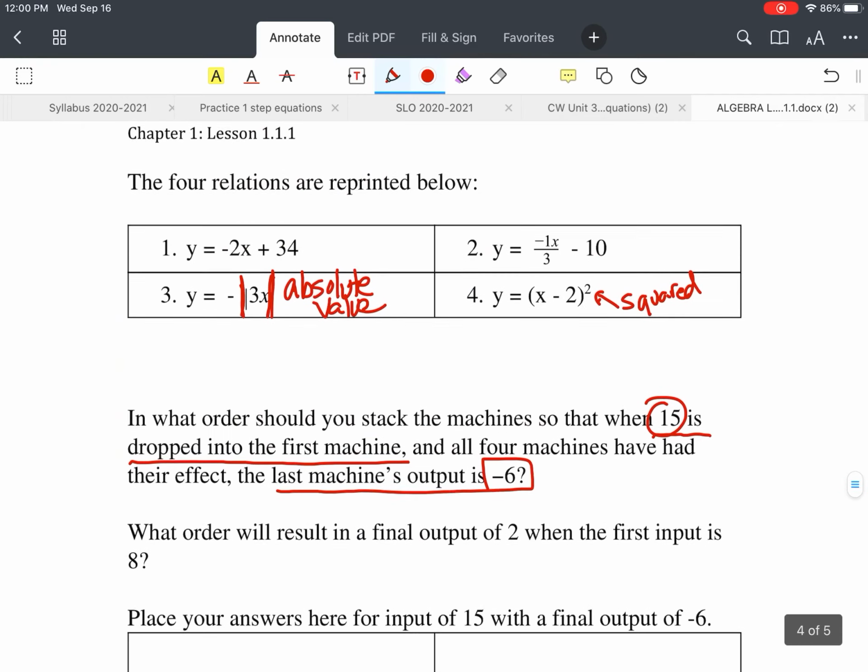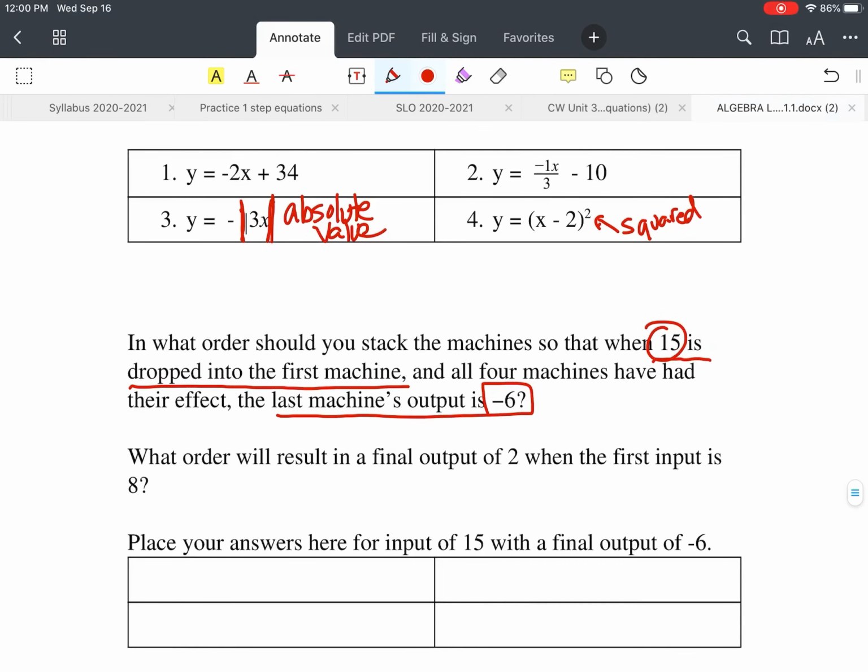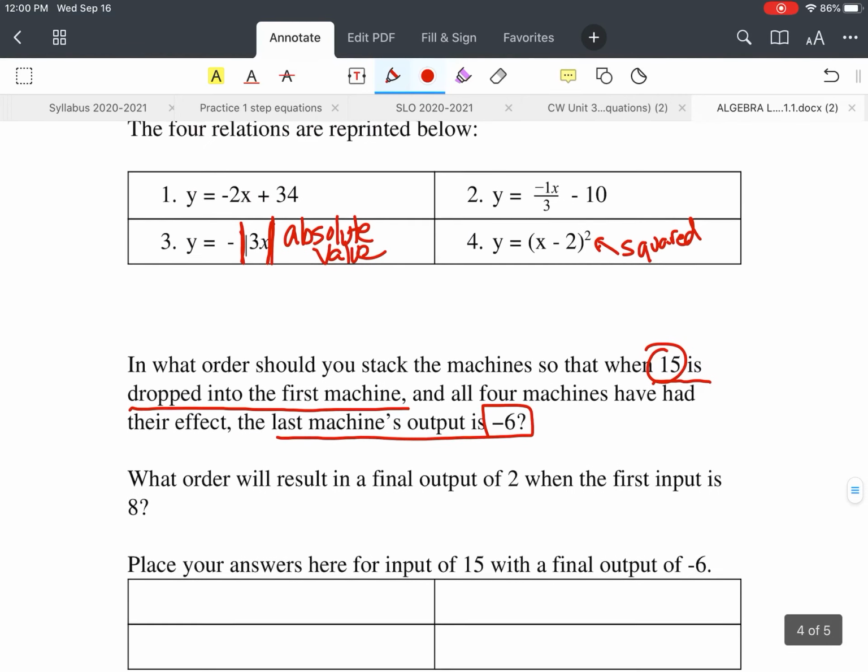So we're going to scroll back on up here, and we're going to put these in order, starting with the very first one. So there should be room at the bottom of your page, and I am going to start with number 1. Y equals negative 2x plus 34, and our input is going to be 15. So let's remember that. Wherever I see an x, I'm going to put 15.